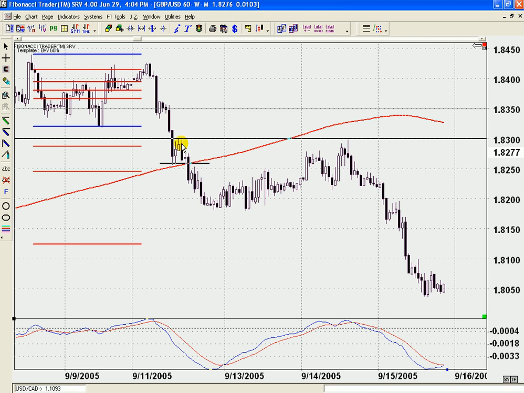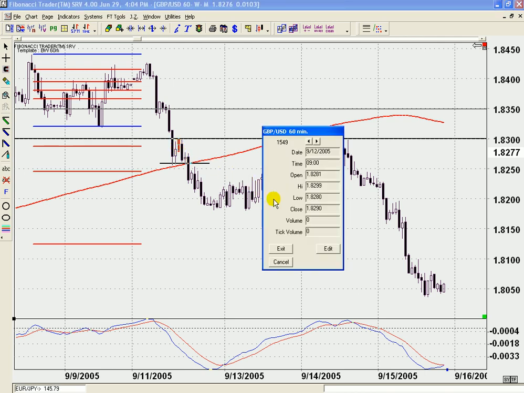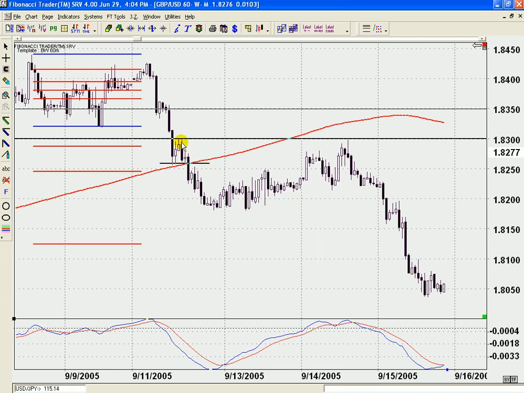If you traded this right into 83.00, the figure, 82.99, the next candle went to 62. Trading it in the proper place here gave you profit even before this candle came to a close.